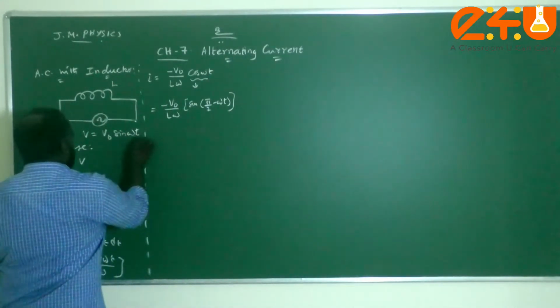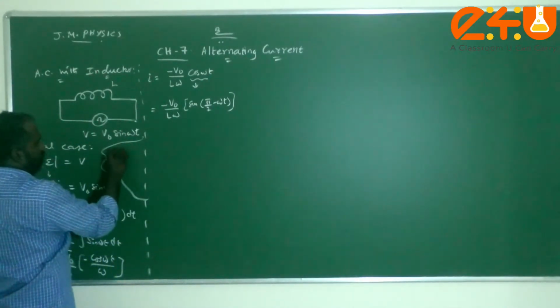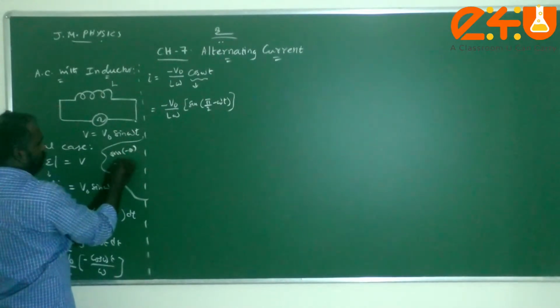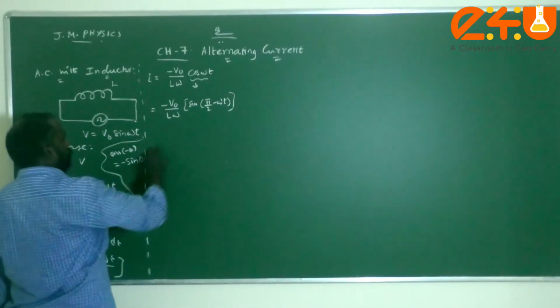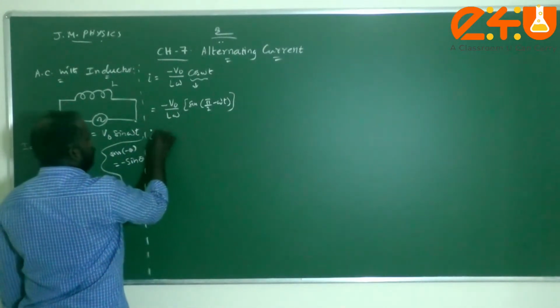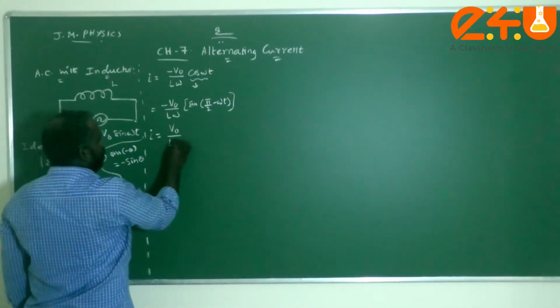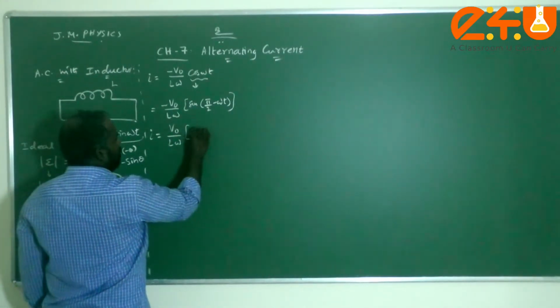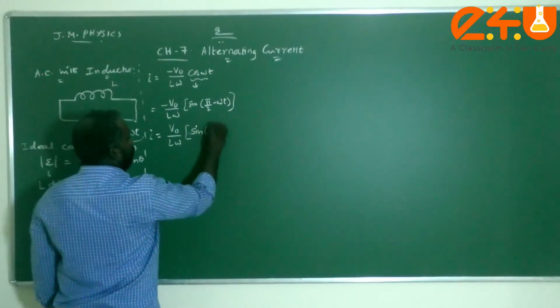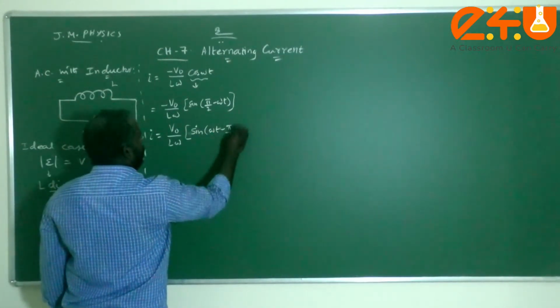We know that sine is an odd function: sine of minus theta equals minus sine theta. By using this idea, I is equal to V naught divided by L omega, the minus taken inside, into sine of omega t minus pi by 2.